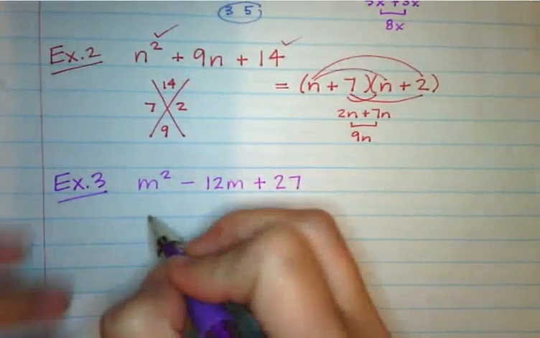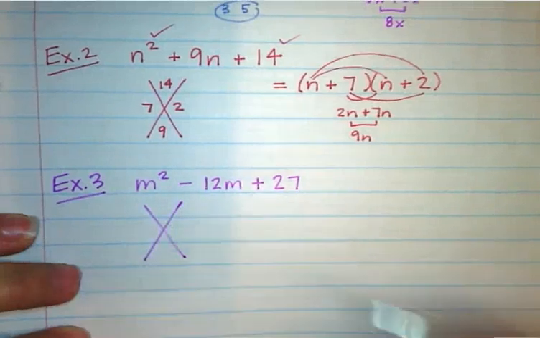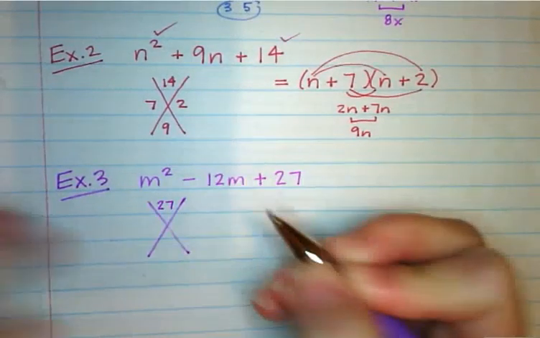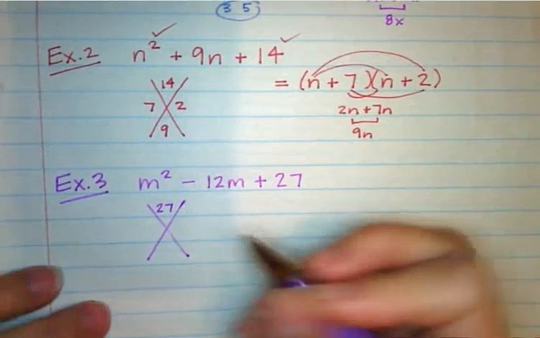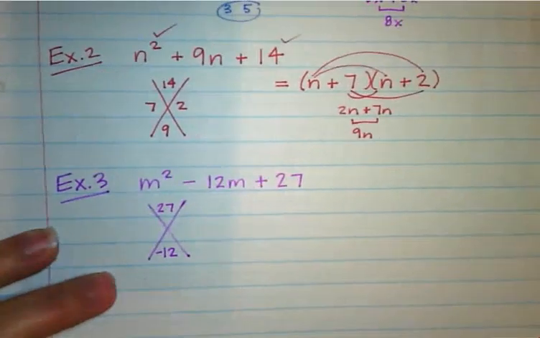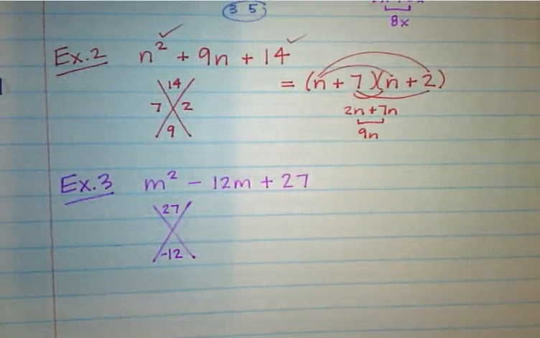Okay, so we want to multiply and get 27, but we want our two numbers to add up to negative 12.